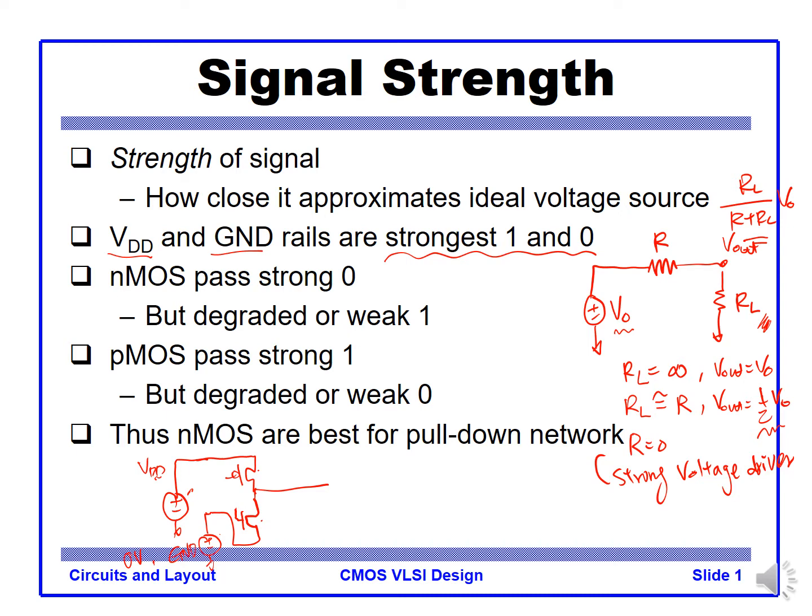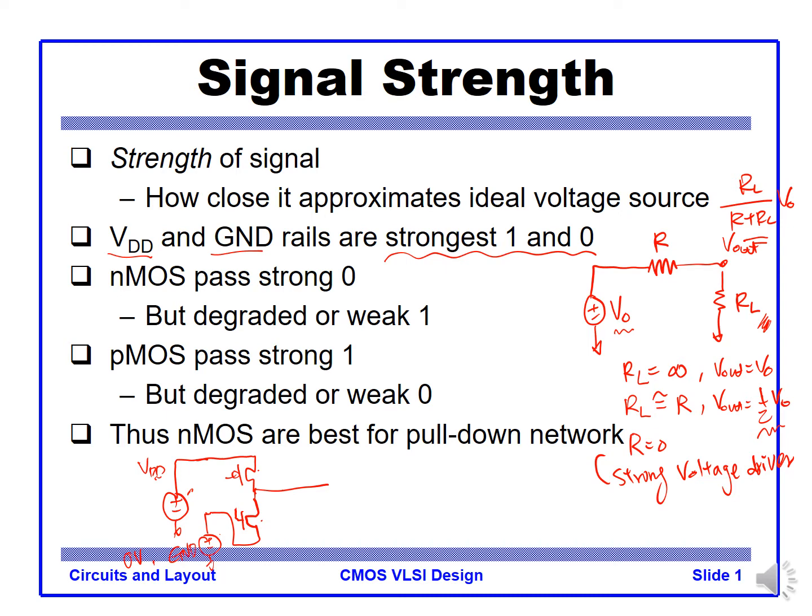So far we just assume that each switch transistor, when it is in triode, is on and its resistance is 0, so it is driving an ideal voltage. But in reality there is some limitation.